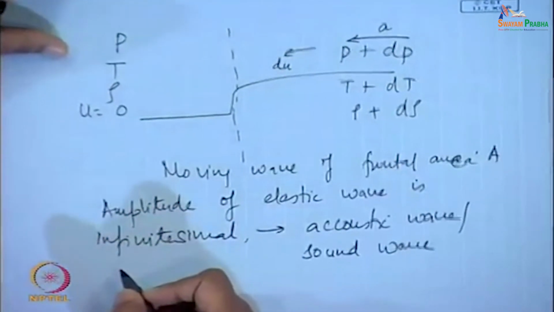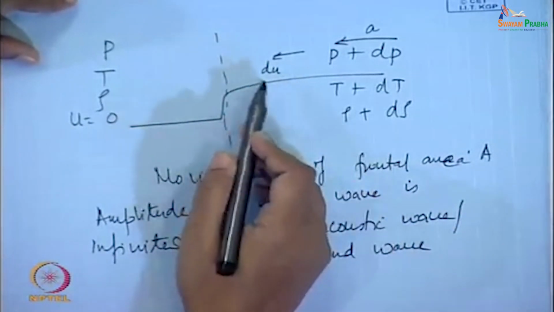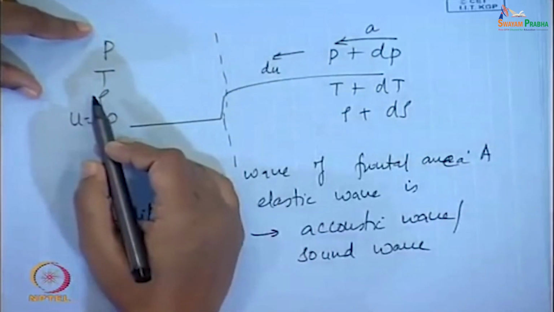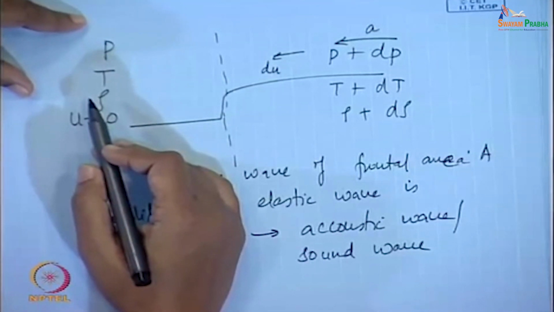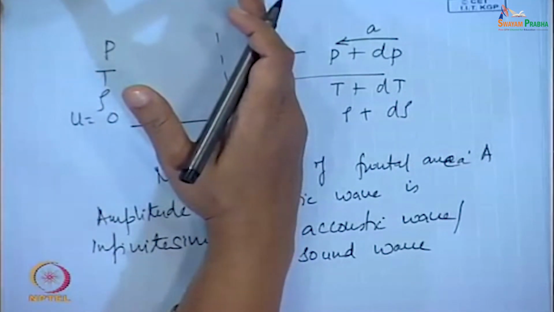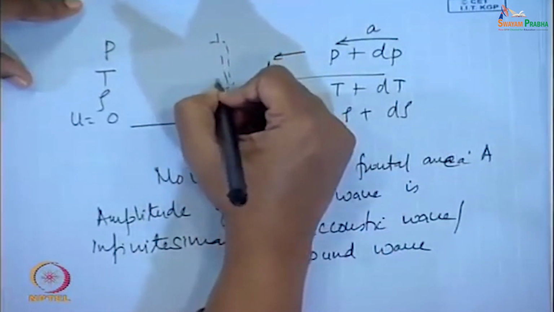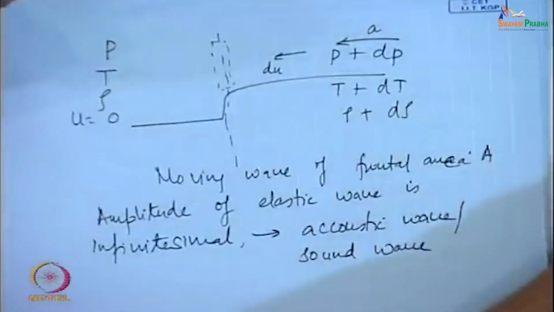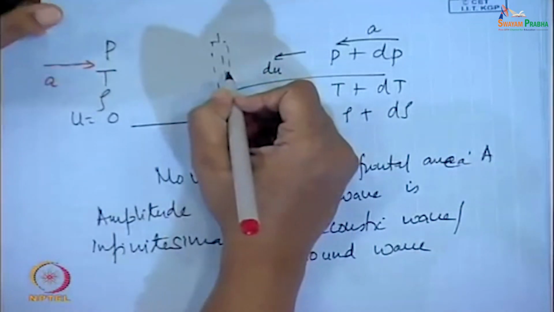Now, when this infinitesimal pressure pulse is propagating at a speed A towards still fluid at the left, the properties are as I have shown here. For steady state analysis, what can we do? We can superimpose another velocity A from this direction, so that the pressure pulse becomes stationary at one particular location, is it not?